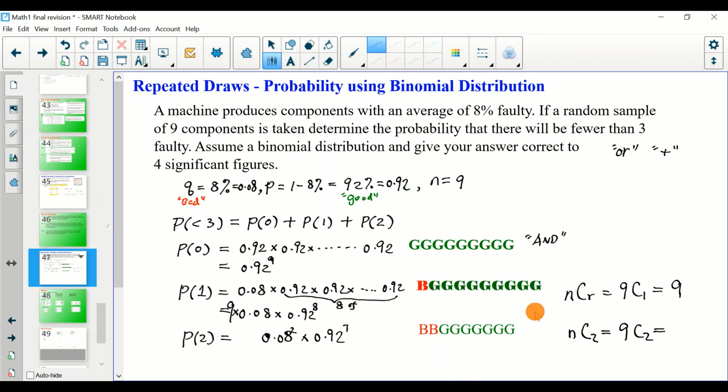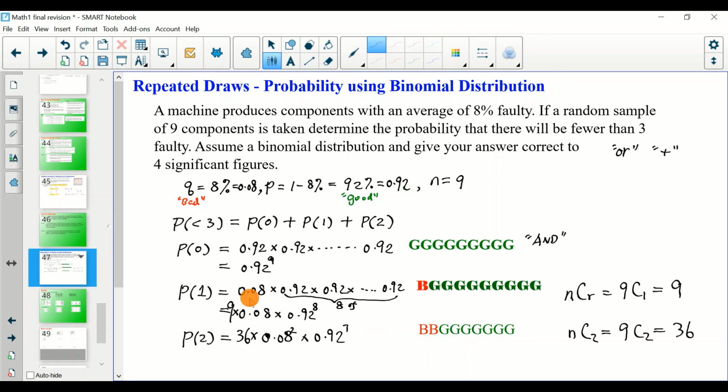If you put that in the calculator, you should get 36. And therefore I need to multiply this probability by the combination coefficient.